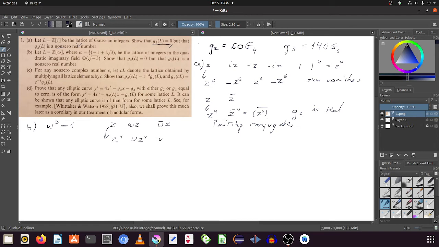And now so the sum, but this vanishes. That's the minimal polynomial for, I've forgotten what we call this, the third root. So that implies G2 vanishes.